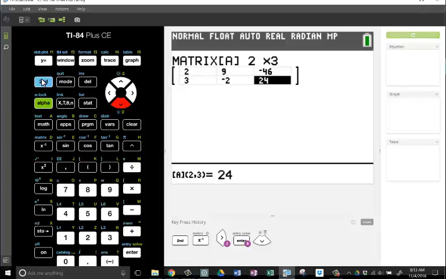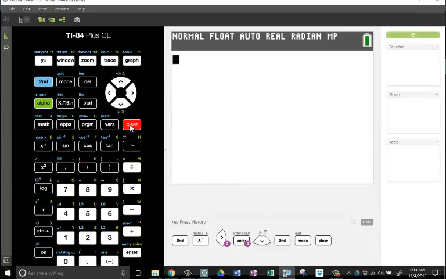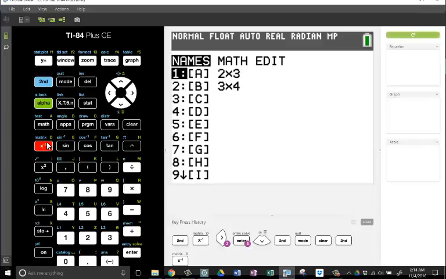Okay. Do you remember the function next? Reduced row echelon function. That's what it stands for. RREF. So you go second, quit, which takes you back to the main screen. It's in the matrix tab. So go second, matrix.